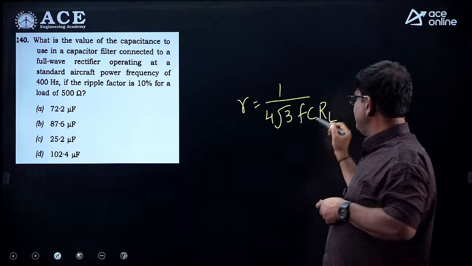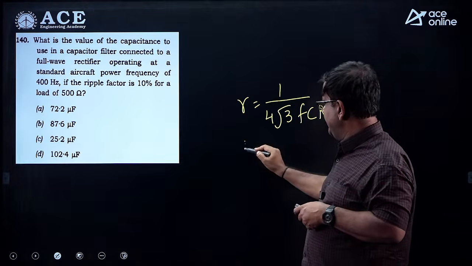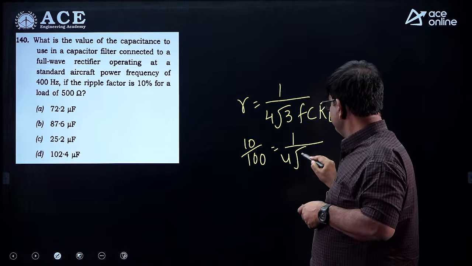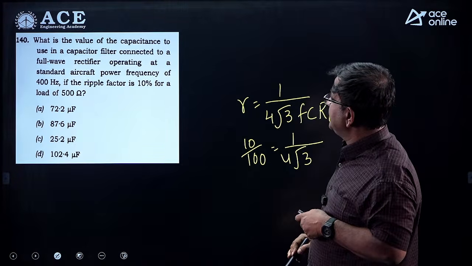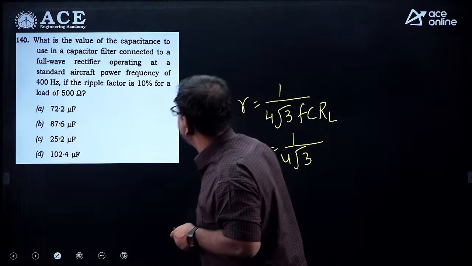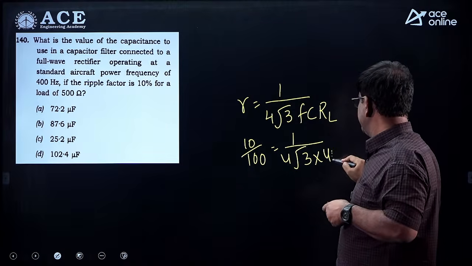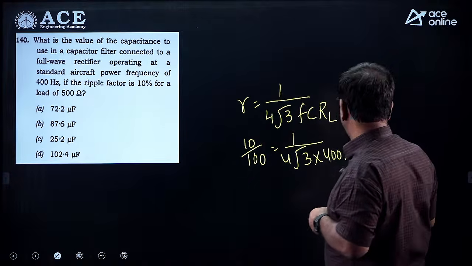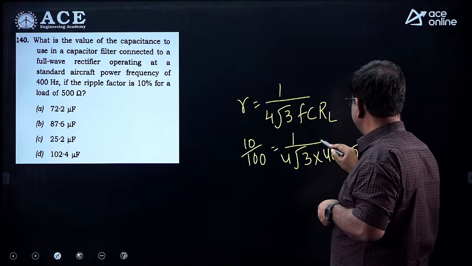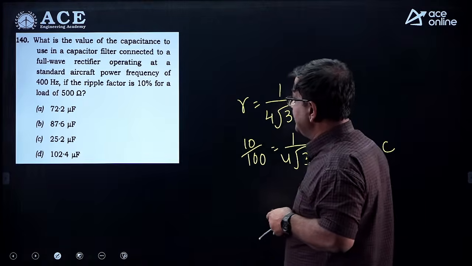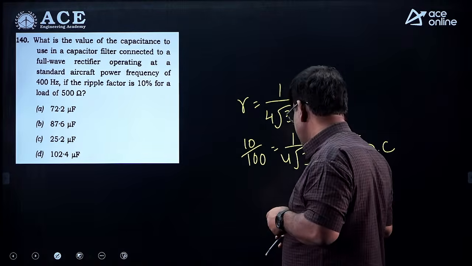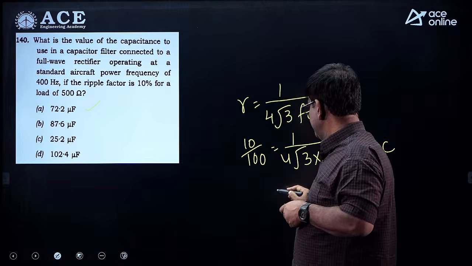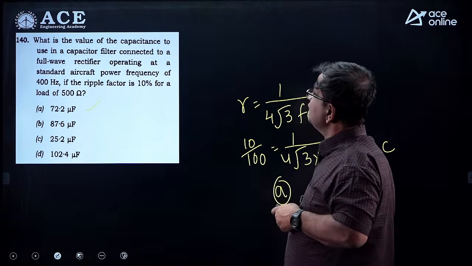Just substitute the values: ripple 10%, 10 by 100, which is 0.1, equals 1 by 4 root 3, frequency is 400, resistance is given 500. So, the unknown is C. Just substitute the value of C, I got 72.18 something. So 72.2. Option A is the right answer.